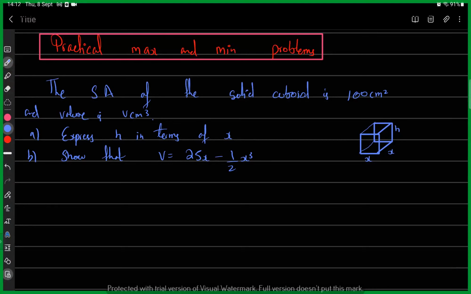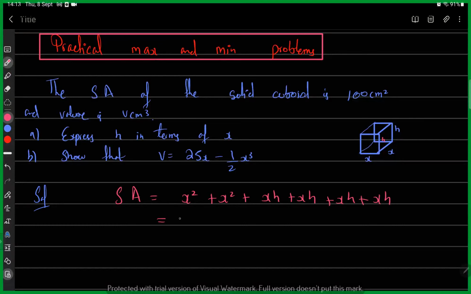So we know that the surface area is going to be, if that is h, this part would also be h, and in total we are going to have x squared for the bottom, x squared for the top, and then we would have xh for one side, xh for the other one, xh for the third one, and xh for the fourth one as well.